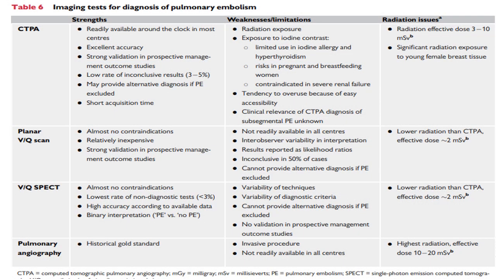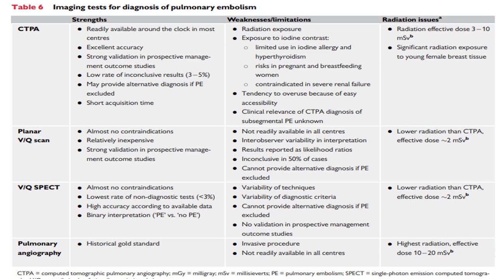So, their own values. In this slide, we can see CTPA strengths, weaknesses, limitations, and radiation issues. The important thing in this slide, which is an extra thing and very important as well, is that pulmonary angiography is the gold standard. Historically, it is the gold standard, but it is very invasive. On the contrary, CTPA is less invasive, readily available and less expensive as well.